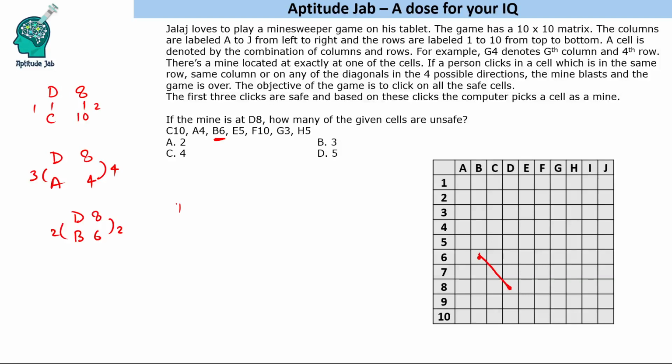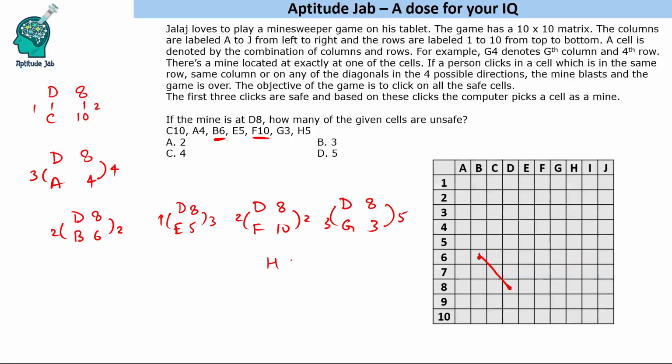E5, D8, E5, right? Difference of 1, difference of 3, no, that is safe. F10: difference of 2, E to F, and difference of 2, yes, so that is unsafe. G3: difference of 3, difference of 5, right? So this is safe.